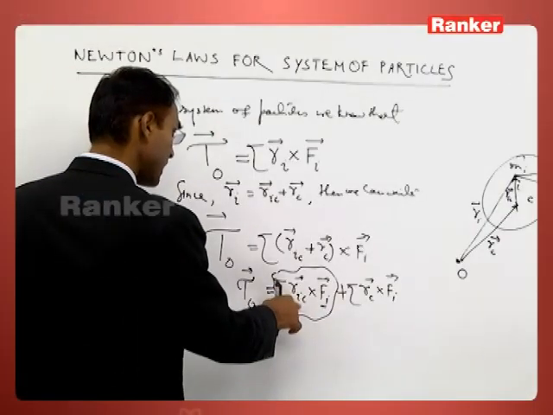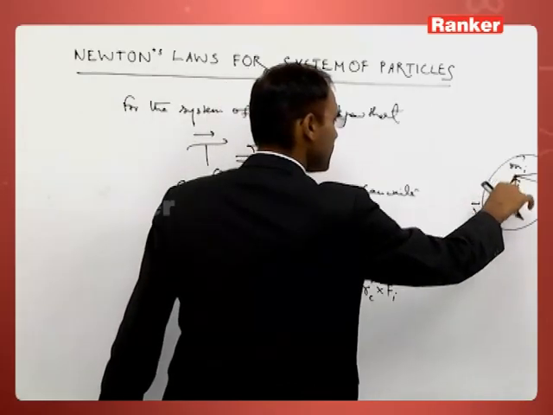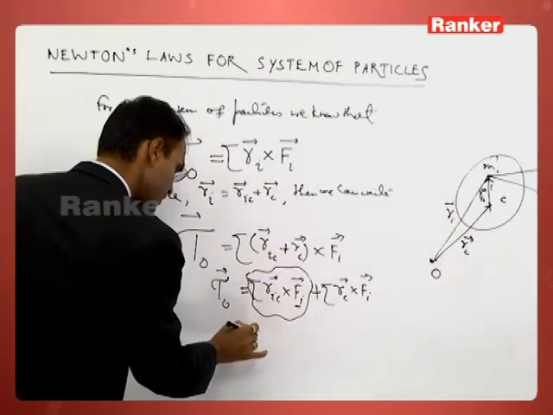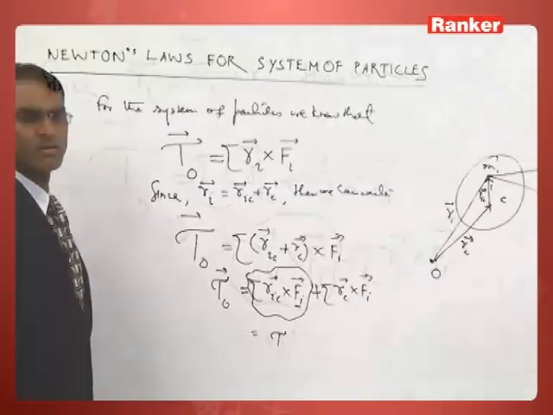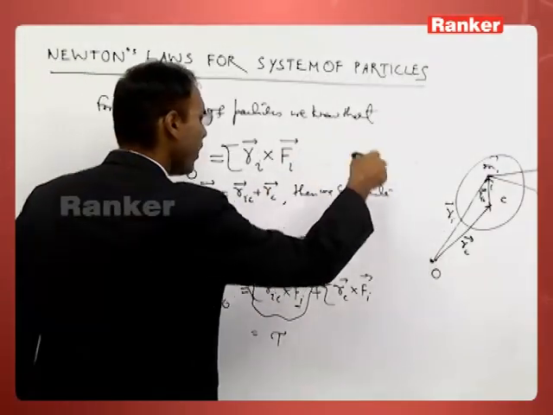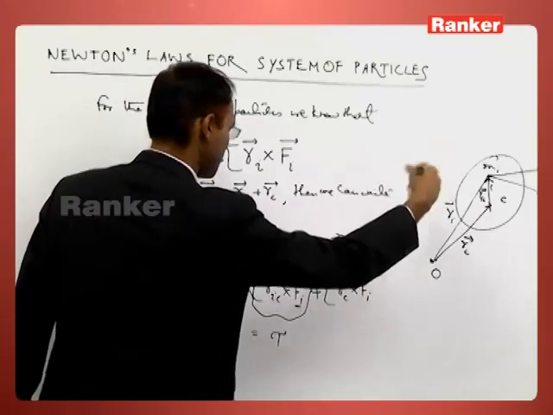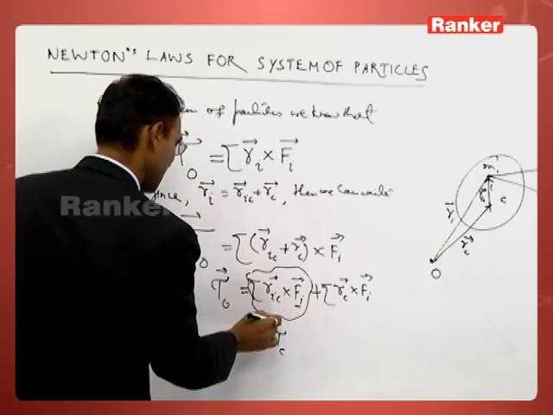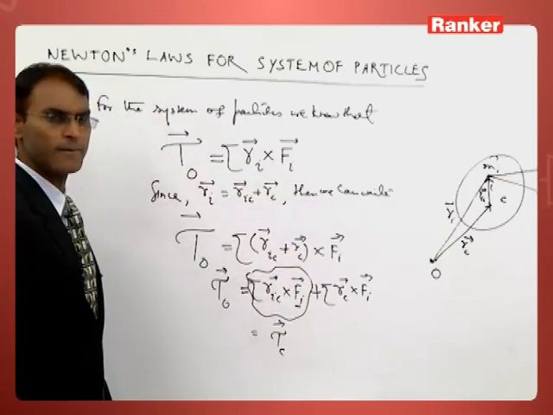RiC is the position vector of the ith particle with respect to the center of mass frame. Therefore, this is the torque experienced by the system due to all forces about the center of mass frame. I write it tau C.